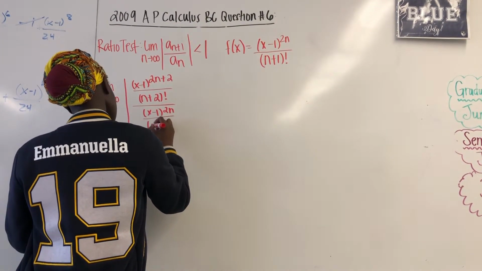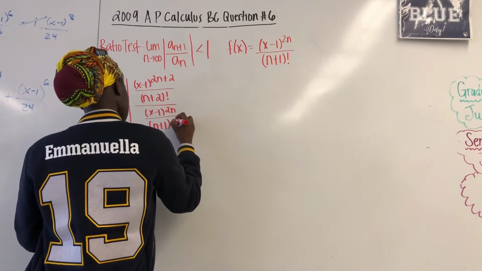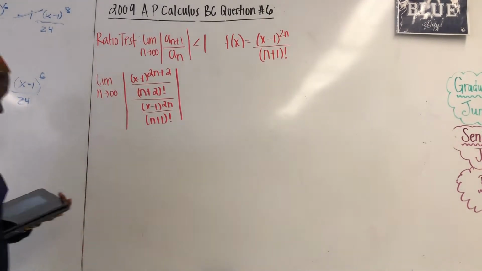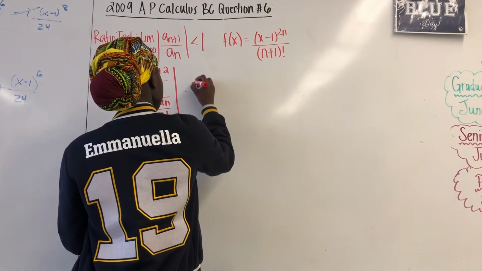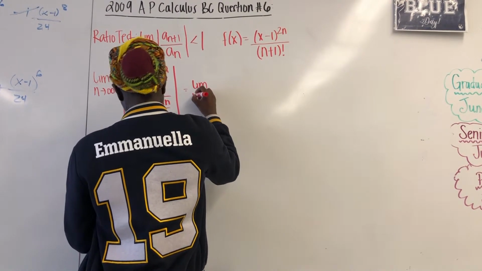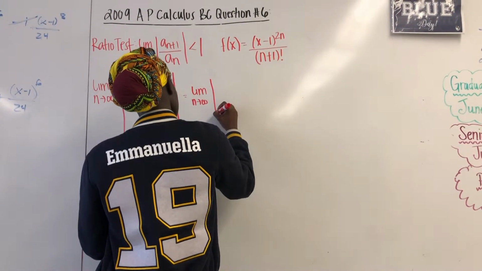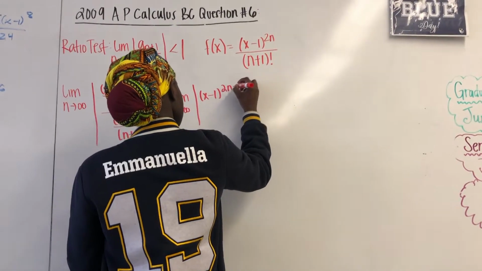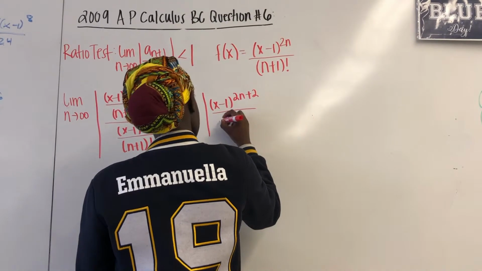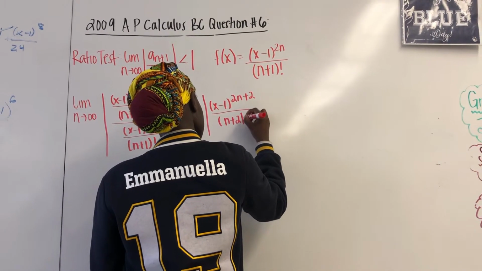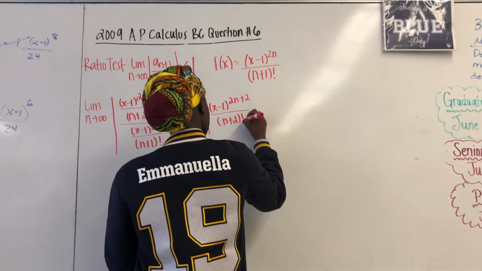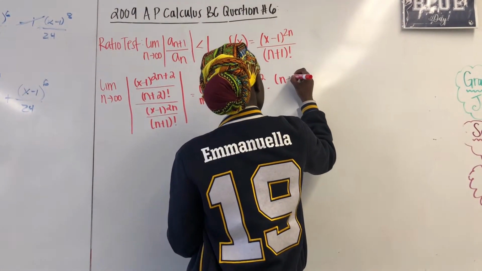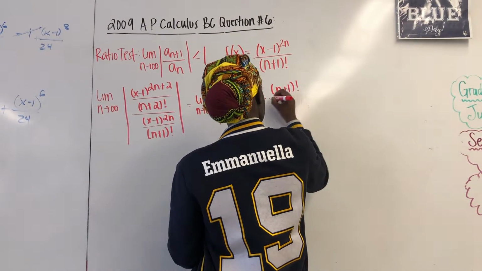Limit as n approaches infinity of (x minus 1) to the 2n plus 2 power over (n plus 2) factorial, all over (x minus 1) to the 2n power over (n plus 1) factorial, all in absolute value.